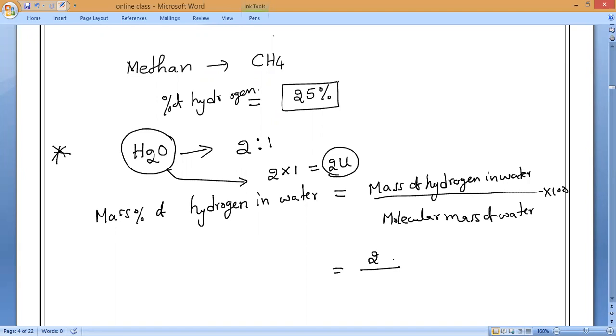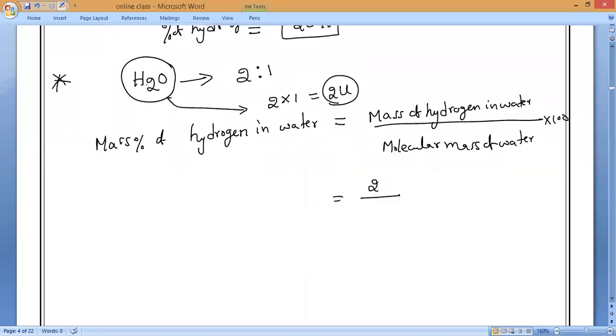The mass of hydrogen is 2, divided by the molecular mass of water. What is the molecular mass of water? All of you should tell me. 18. What is the formula?